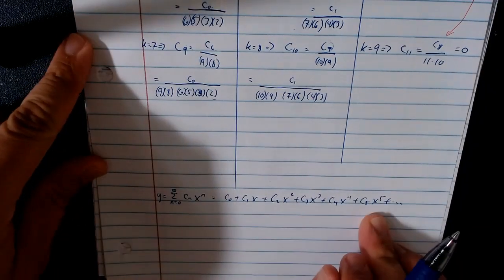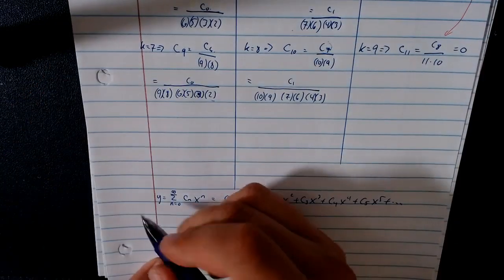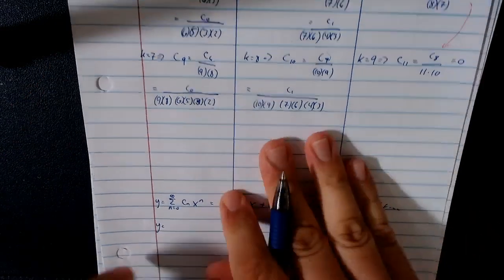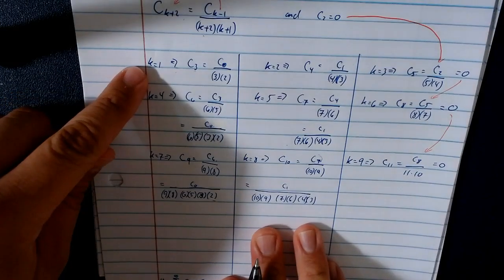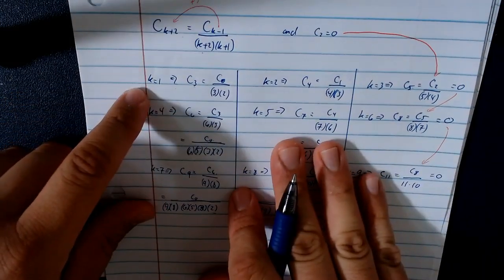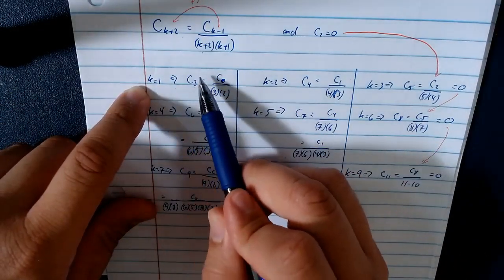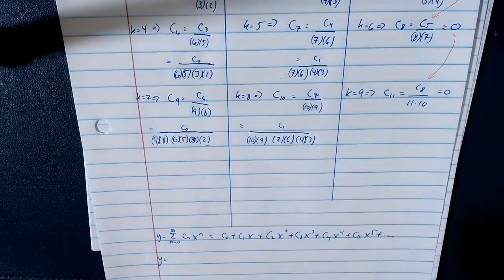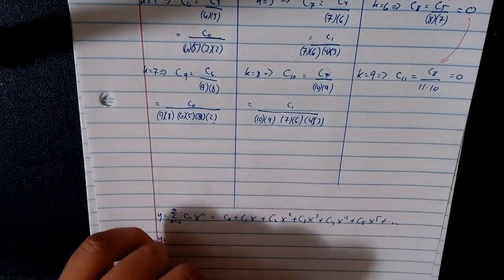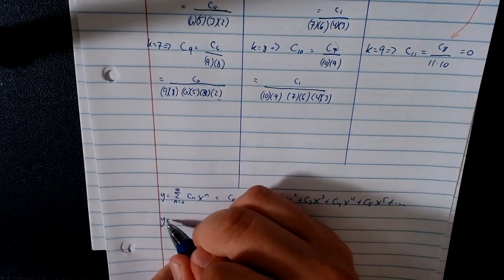Now I actually know some of those numbers. So y is equal to, well, let's see, C0. I never found what C0 was. My algorithm never gave me that. The earliest one I found was C3. So C0 is something I just don't know. It's just some number. How do I find that?